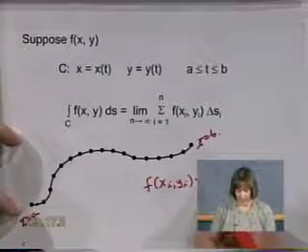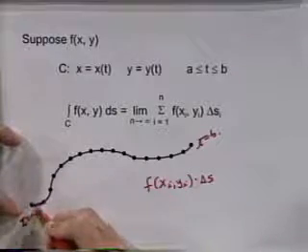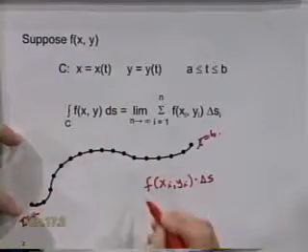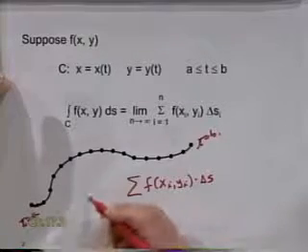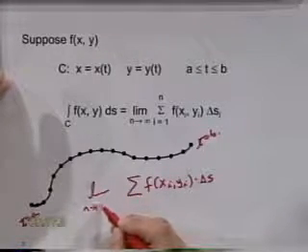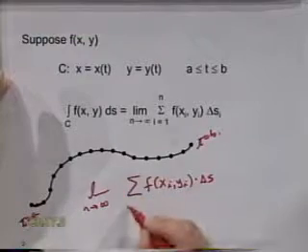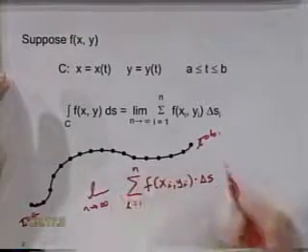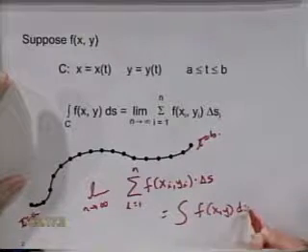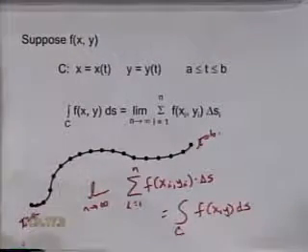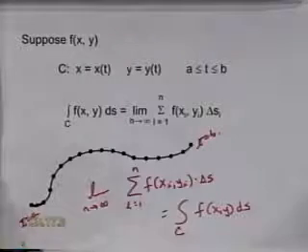And then we multiply it times the length of that arc for each little subcurve. And what we're going to do is add all of those up. And as we let the number of subintervals go to infinity, this summation is called our integral of f of xy ds over curve c. So that's what the whole idea is.